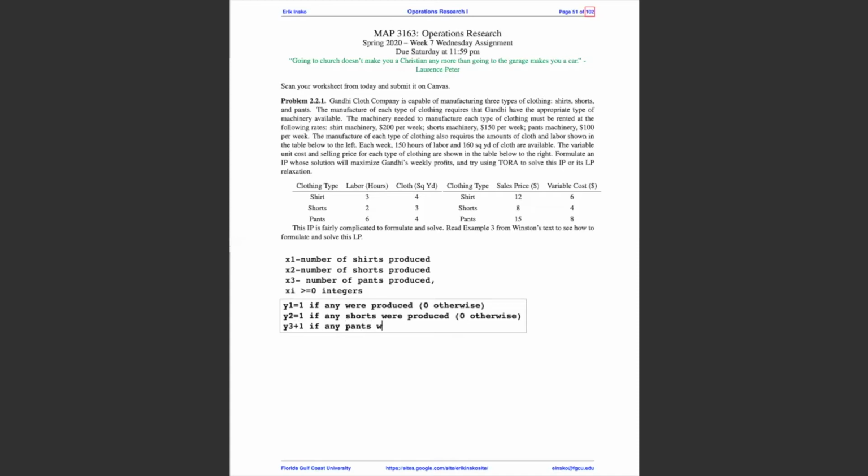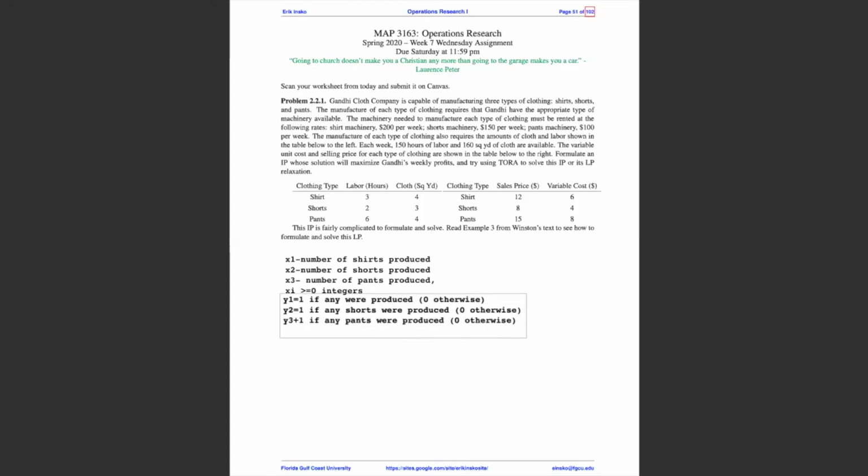And because those are either 0 or 1, we can put down that yi is 0 or 1, or it is a binary variable.